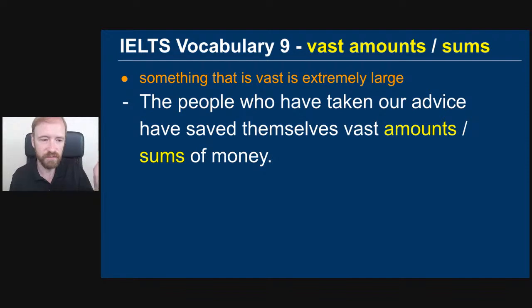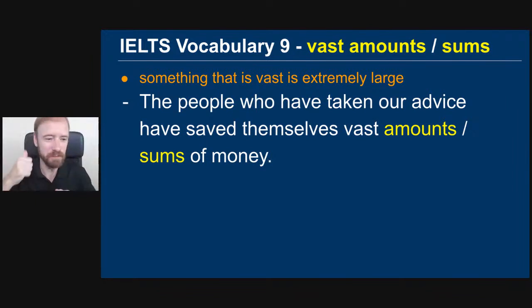We can use vast for other expressions not about money, but this lesson is focusing on money. So the people who have taken our advice have saved themselves vast amounts of money or vast sums of money. You can use vast amounts or vast sums. Both are okay to mean much money or a lot of money.